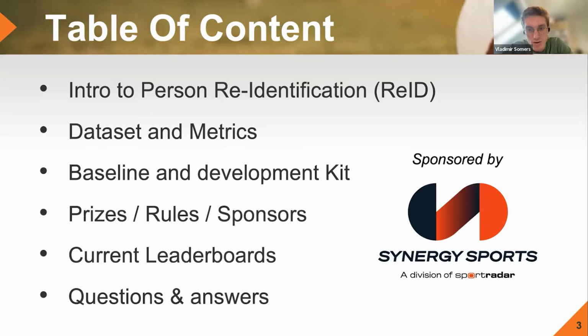I will then introduce our new SoccerNet dataset for player re-identification and explain the difference between this dataset and other popular ReID datasets that are used mainly for street surveillance, such as the famous Market 1501 dataset. I will also tell you a little bit more about the metric we use to evaluate the performance of your ReID model and the strategy used to rank participants in the challenge.